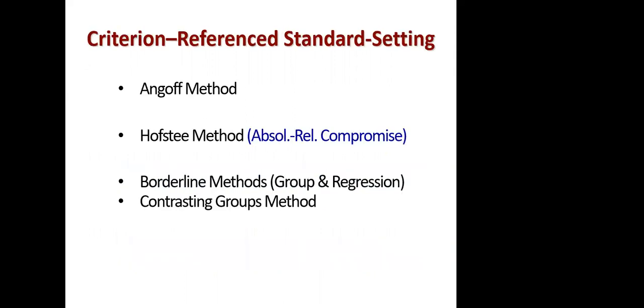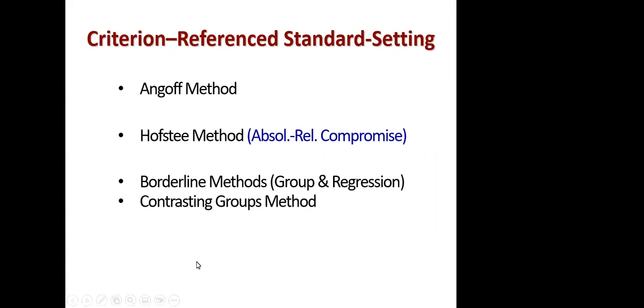Now we come to criterion reference standard setting methods. Of course, we start with Angoff, the king of methods. Angoff is one of the most commonly used, very old, highly researched and validated methods, the gold standard for written examinations, for one best MCQs.